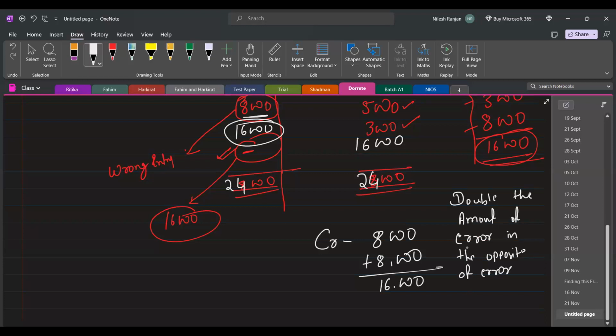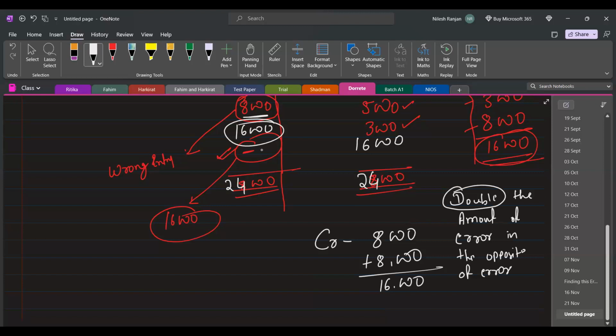Understood? Means double the amount. The mistake is of 8,000, that's why we are writing 16,000 on the credit side. If the mistake is of 6,000, then we will write 12,000 on the credit side. Is this clear?